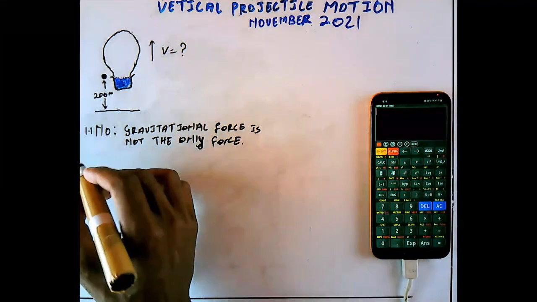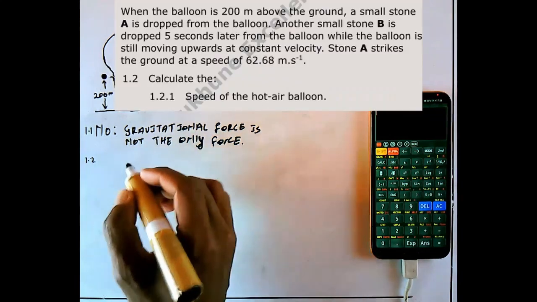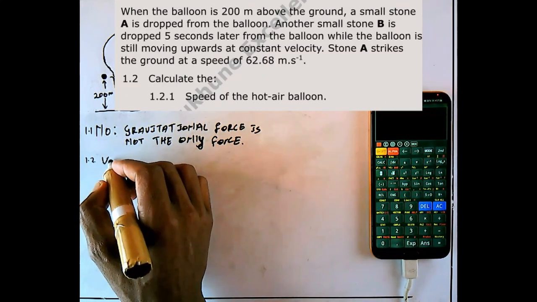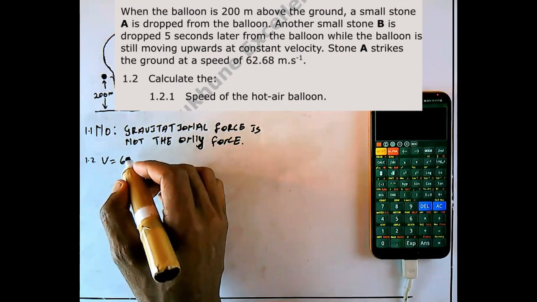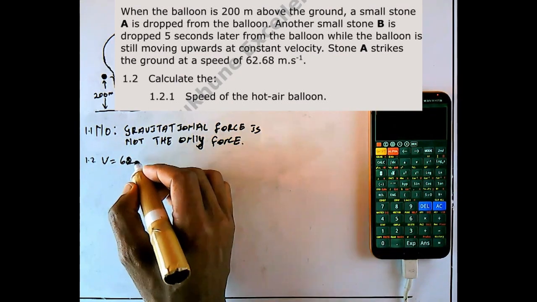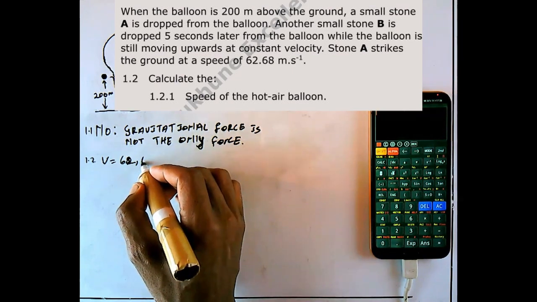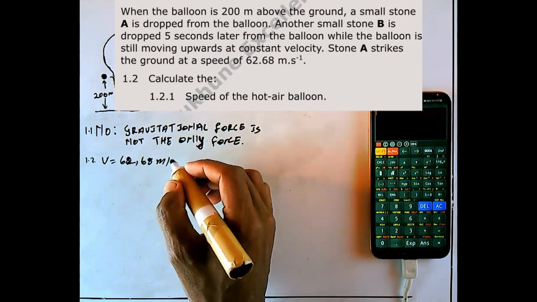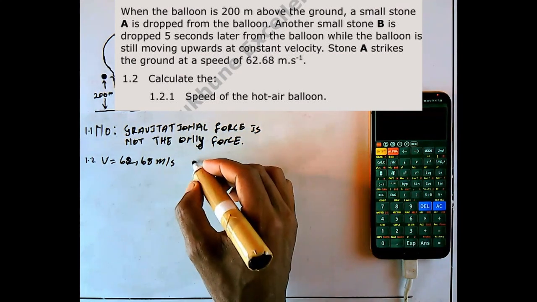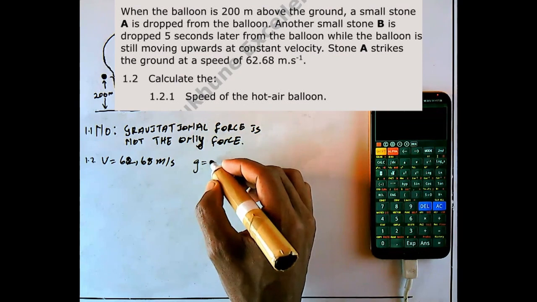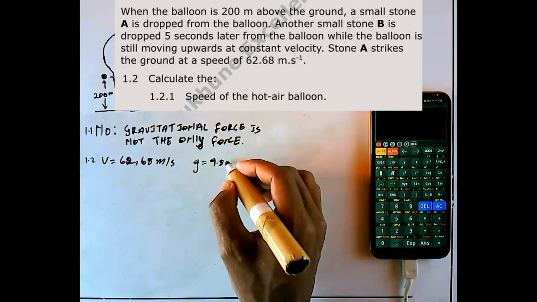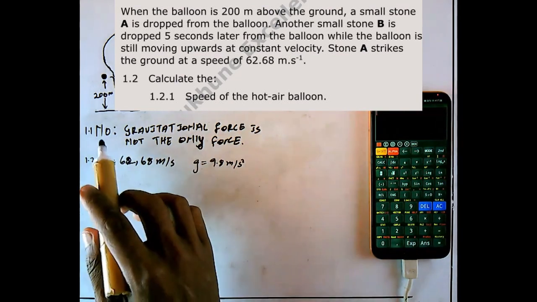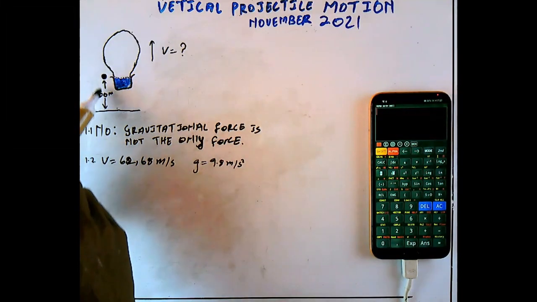So we say 1.2, we are told v, which is the final velocity, equals 62.68 meters per second. And then we've got a gravitational acceleration, which is 9.8 meters per second squared. And then we've got the change in position, which is 200 meters.